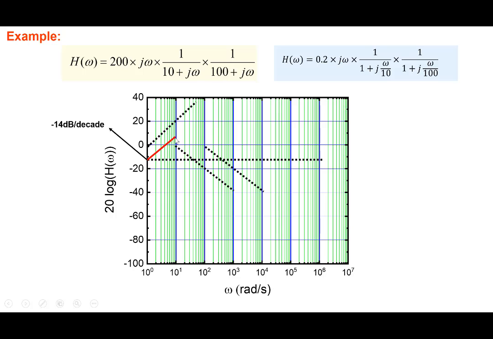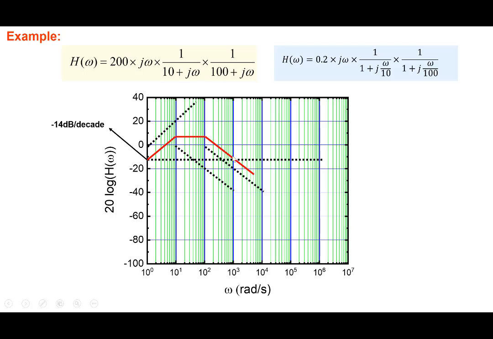So it increases like this here. After this, this is increasing at 20 dB per decade, this is decreasing at 20 dB per decade, so they cancel each other and it becomes constant. And then this term comes into picture here, so it starts to fall at 20 dB per decade here. So that's the approximate sketch of our transfer function of the form which is shown over here.